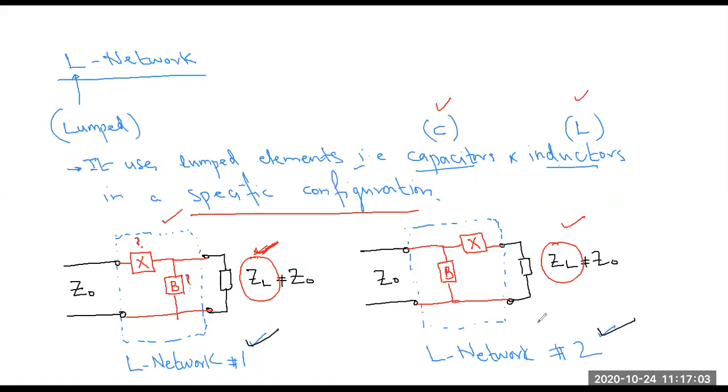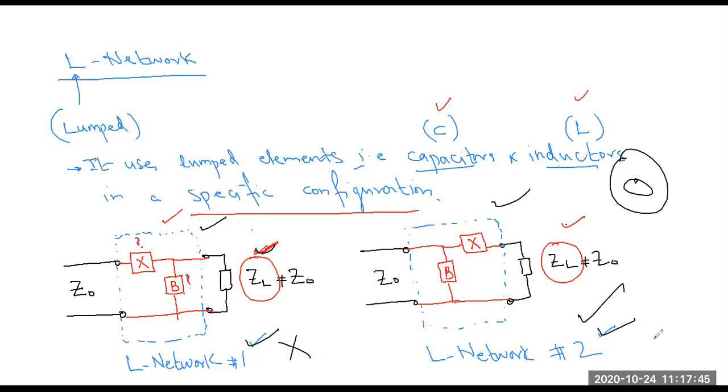So make sure that you select the proper L network, because when impedance is inside the 1 plus jx circle, then only this circuit will match your load. If the normalized load is outside of the 1 plus jx circle, then you have to use this one. What I'm saying is, in case ZL is inside the 1 plus jx circle, and rather than using this circuit, you selected this one, it means your problem will never be solved. In other words, from an examination point of view, you will get 0 marks.